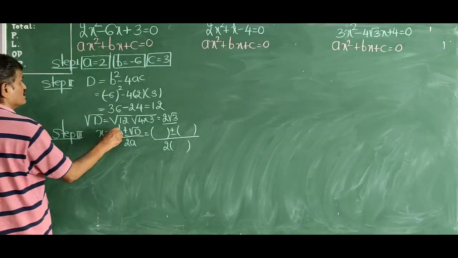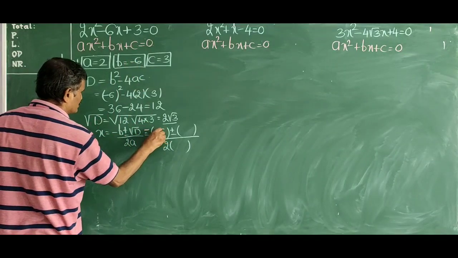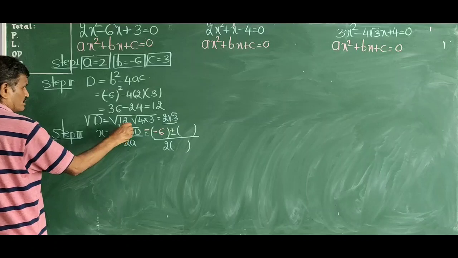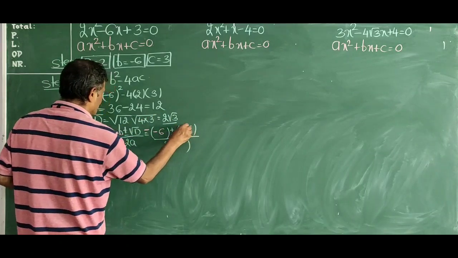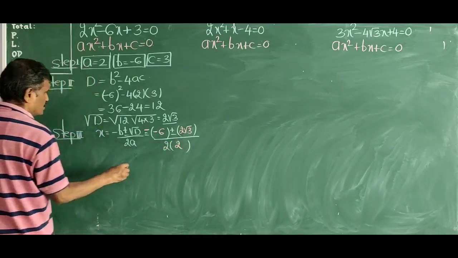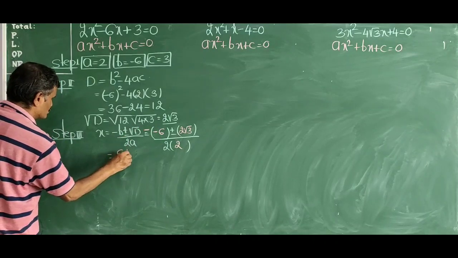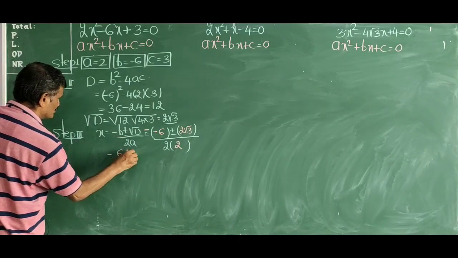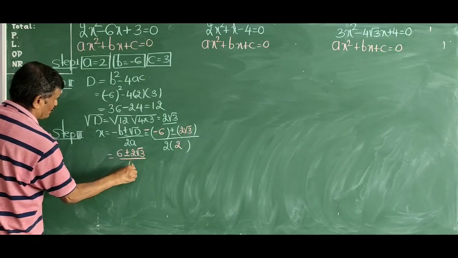You note it, minus B means what? Minus of minus 6 plus root D. Root D means how much? 2 root 3. 2 into A means how much? 4. So this becomes minus of minus is plus. So 6 plus or minus 2 root 3 divided by 4.